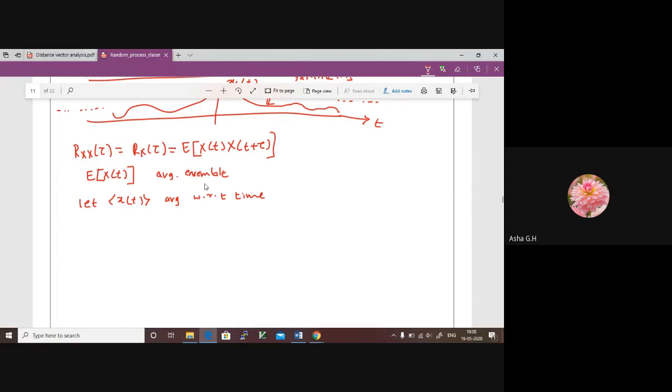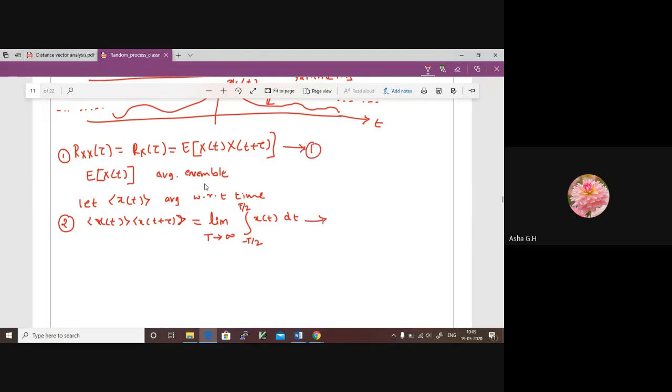Now we understood how we write the autocorrelation function for the ensemble. Let us see how we write it for the second case. Here we have x of t and x of t plus tau. This is represented by another equation, where the limit of T tends to infinity, because we need to deal with various sample points, of minus T by 2 to T by 2, x of t dt.